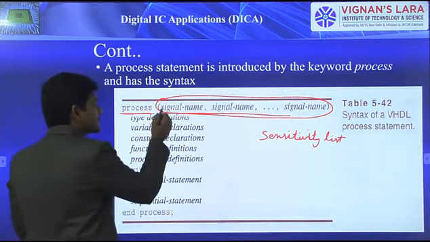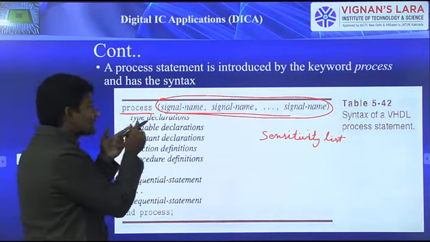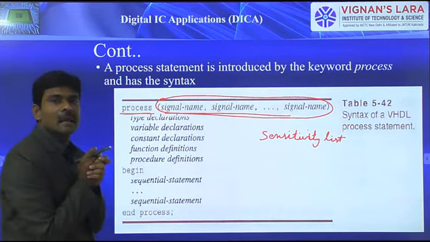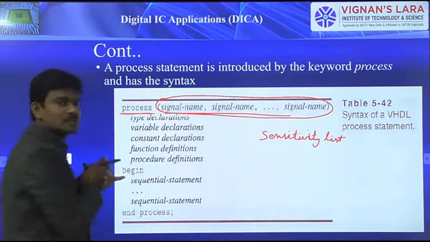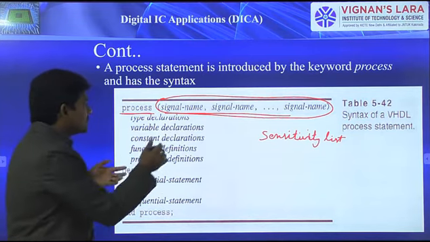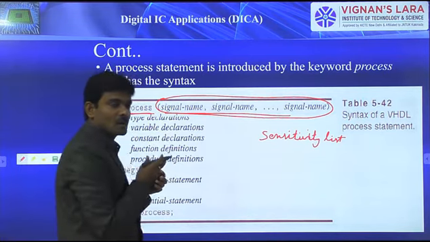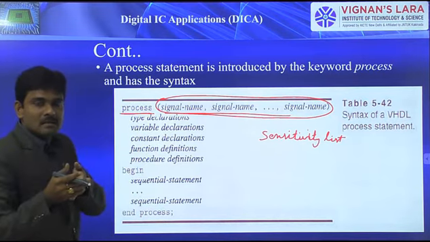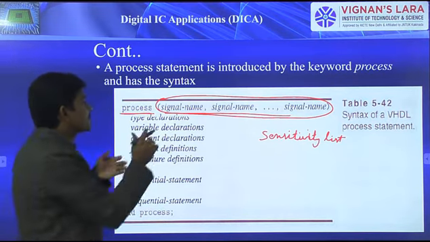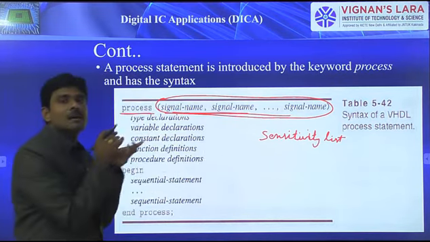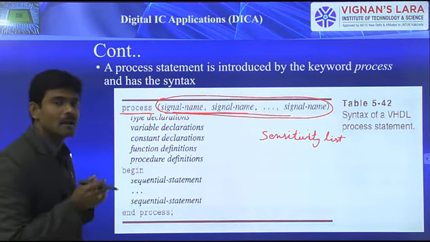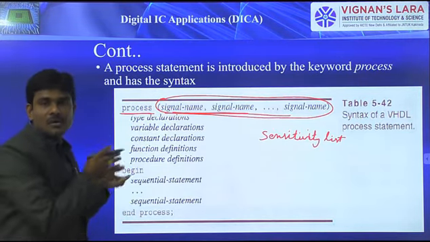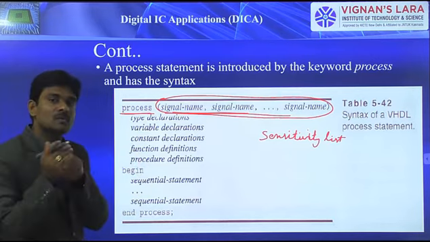So after the keyword process we can describe the different signal names, based on the output. Whichever signals the output is going to vary with, those signals we are going to describe within that particular parenthesis. In general, output always depends on inputs. With respect to input, output is going to vary.